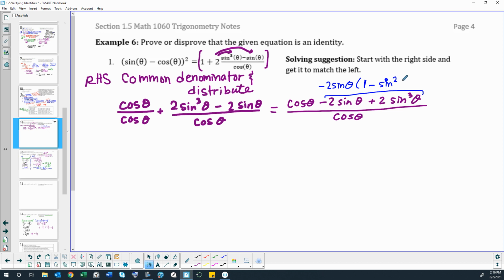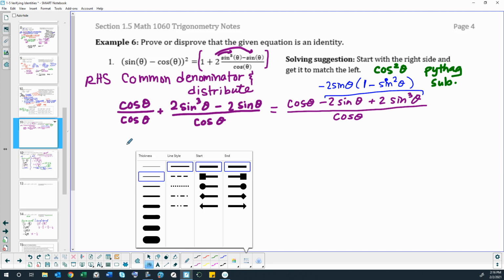You kind of have to just look ahead at things and how they can happen. So I don't know if you recognize this now. That is a Pythagorean identity, and that is cosine squared. So we now have this nice little Pythagorean substitution. Okay, let's rewrite what we've got.